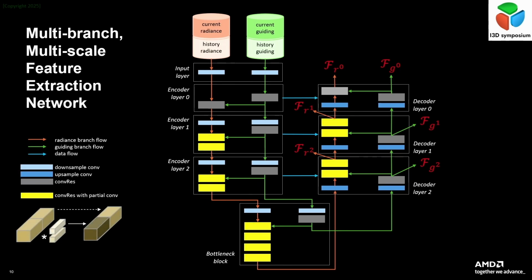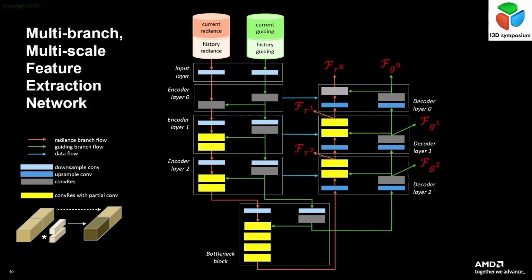In addition, to make our feature extraction model more lightweight to compute, we used partial convolutions instead of a full convolution for most of the layers in the radiance branch, except the first encoder layer and the last decoder layer, as highlighted here in yellow blocks.